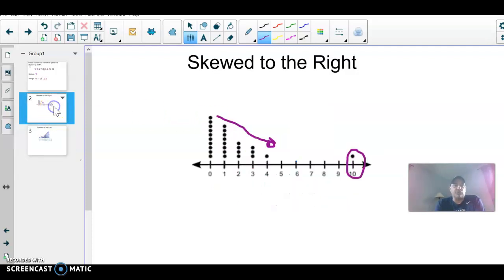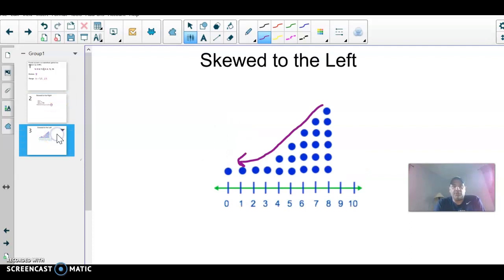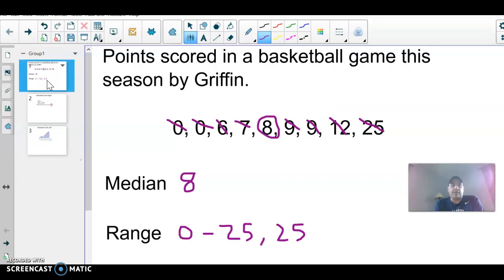So again, skewed to the right, it's trailing off to the right, the data. Skewed to the left, the data is scaling down to the left, okay? And again, median means middle, range, taking that spread, lowest to highest.